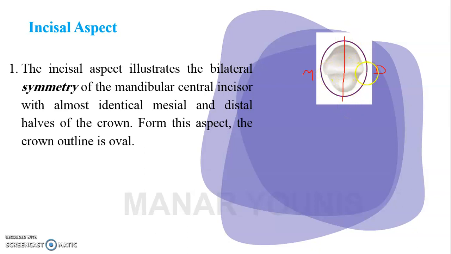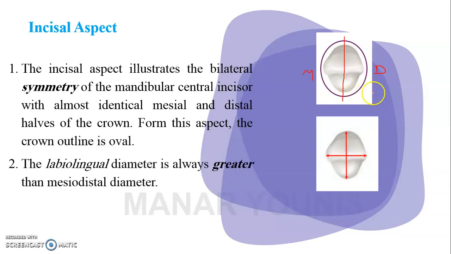And since we have a lingual inclination of the incisal edge, we can see much more of the labial aspect than the lingual aspect. Another important characteristic is that the labiolingual dimension is always greater than the mesiodistal dimension. So here we have 5 millimeters mesiodistal and the labiolingual is 6 millimeters. So it's 1 millimeter greater than the mesiodistal dimension.